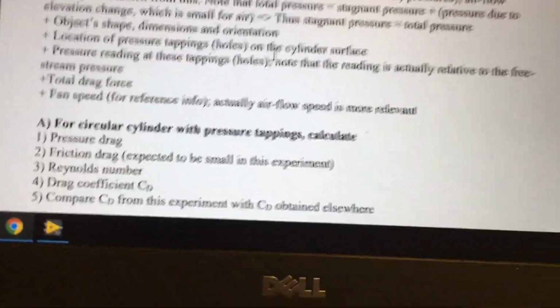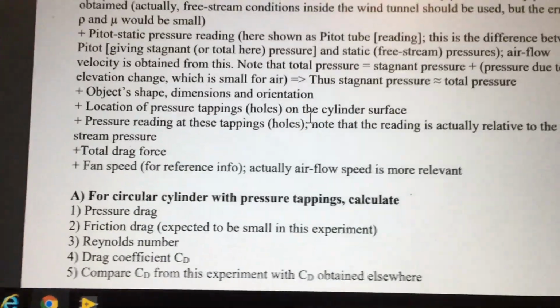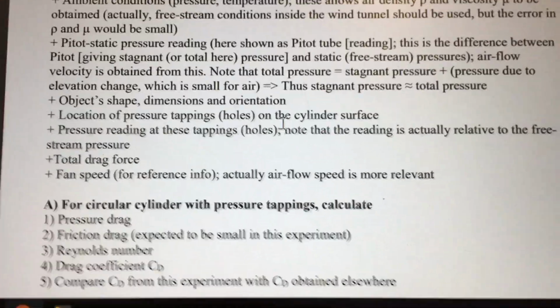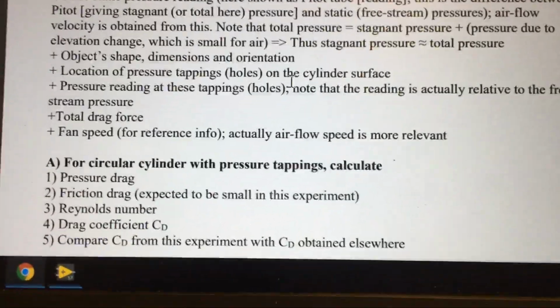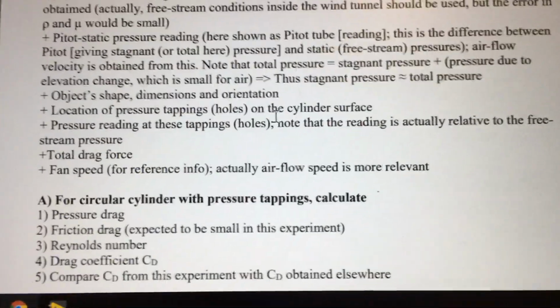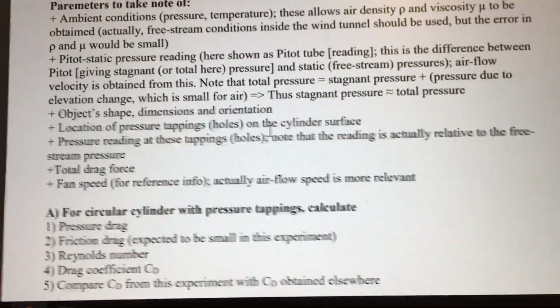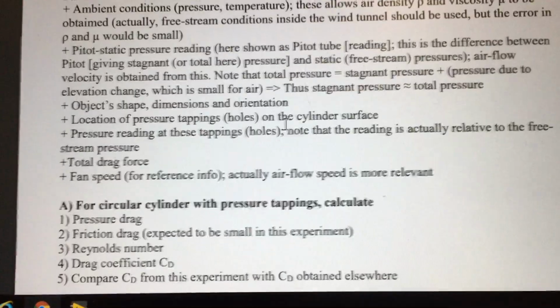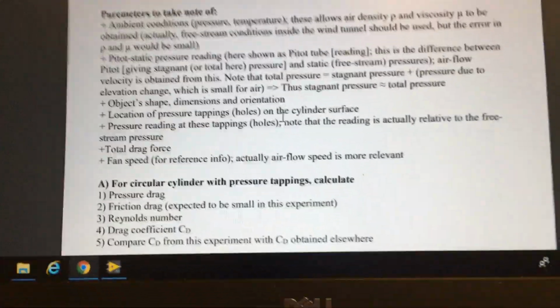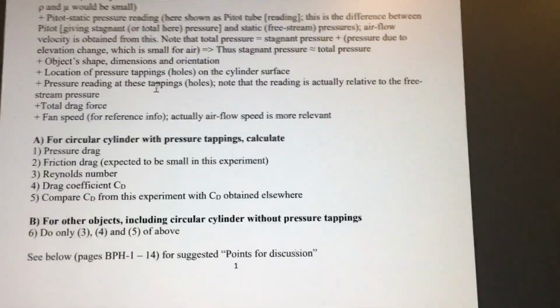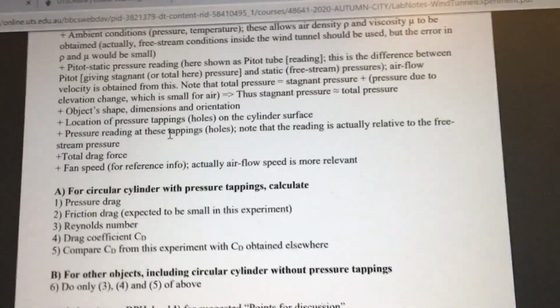You have to explain why there is a difference between CD from the experiment and CD from the textbook, and maybe discuss how to improve the quality of the experiment. So that finishes part A of experiment 2, external flow.